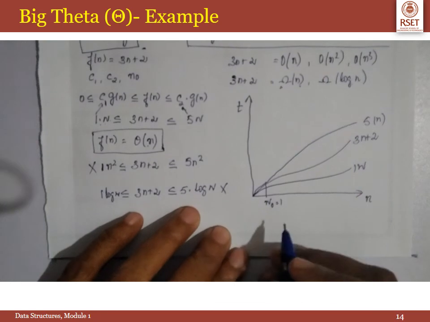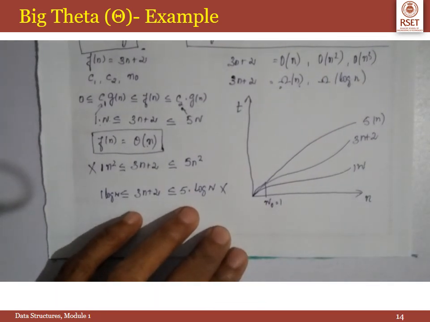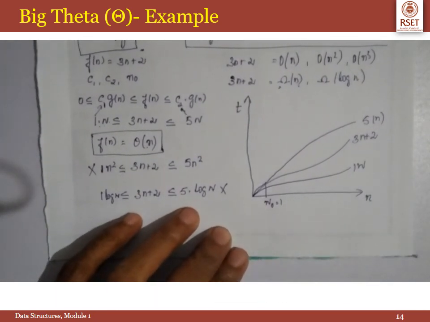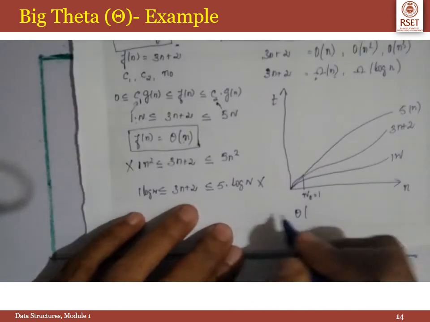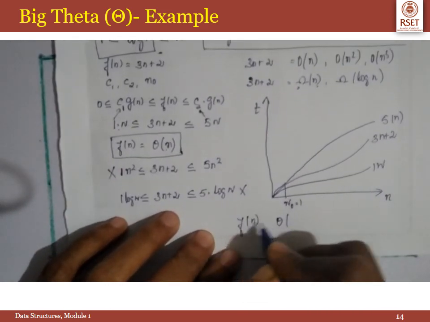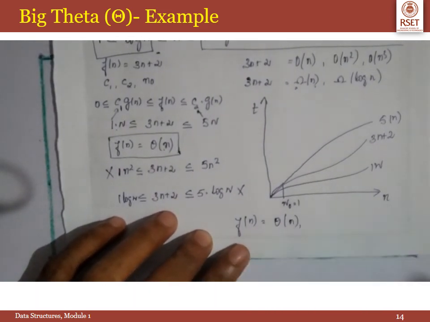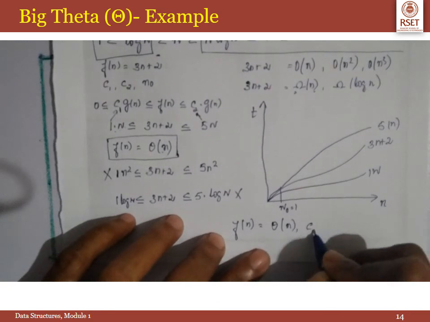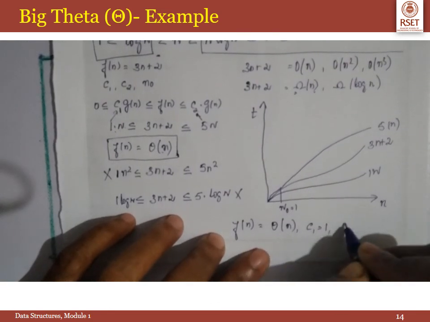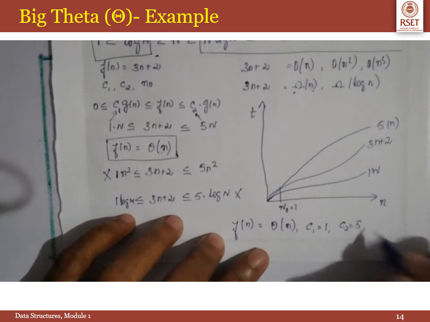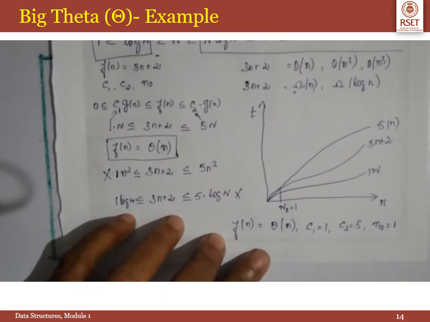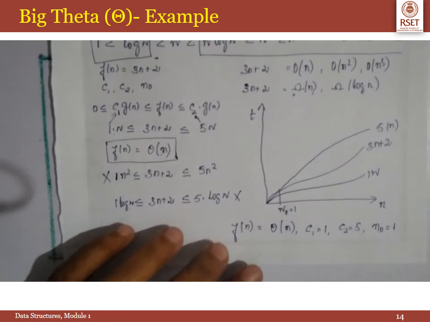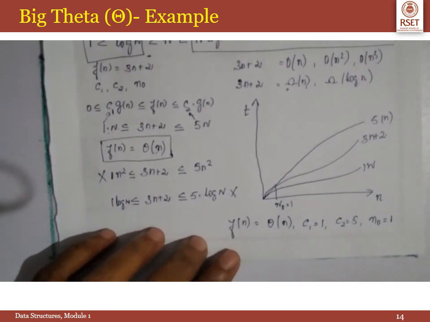This is true only for g of n equal to n. Or I can write my function f of n as theta of n, provided there exist positive constants c1 equal to 1, c2 equal to 5, and an n0 equal to 1. So that is theta notation.